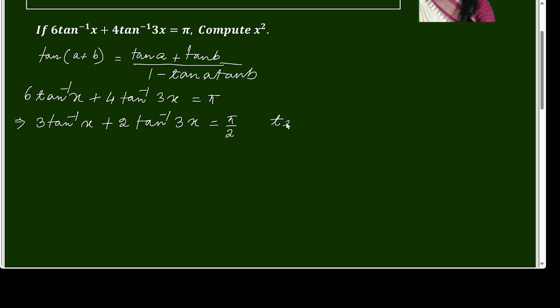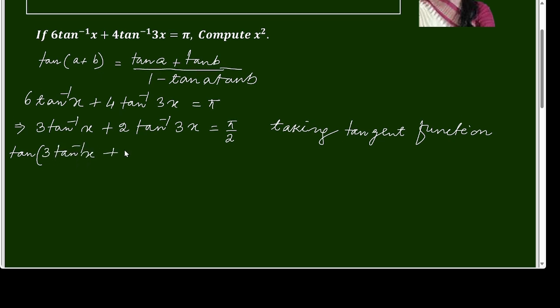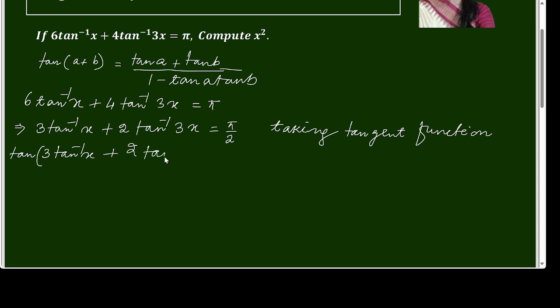Now taking tangent function both the sides, we'll get tan of 3 tan inverse x plus 2 tan inverse 3x equals tan pi by 2. We know tan pi by 2 equals infinity.